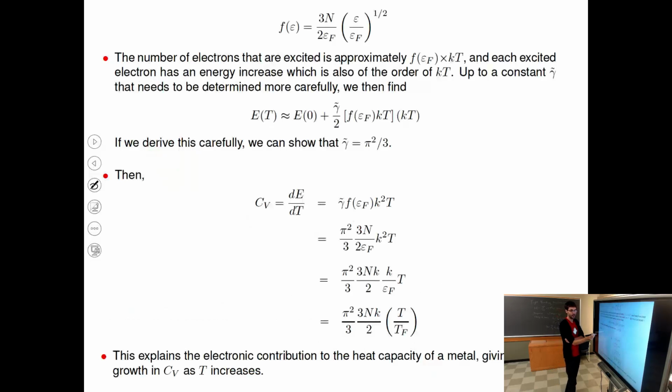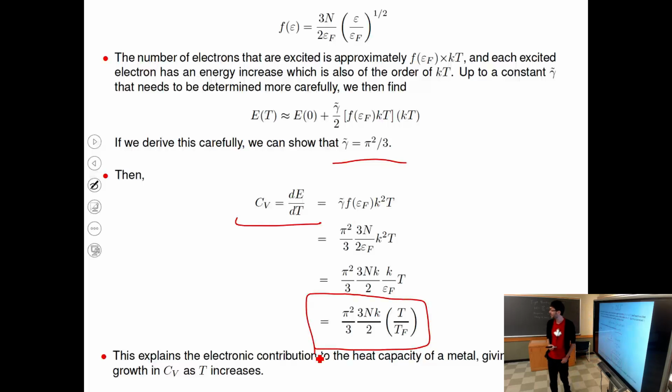So then the heat capacity is d/dT. We take this expression. It is proportional to k squared, T squared, also k squared. And so heat capacity will be proportional to T. And if you plug in the correct gamma, which you can calculate, it's not so difficult actually, but we're not going to do it here, you get this expression for heat capacity.